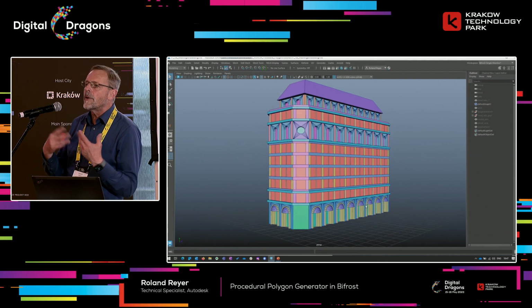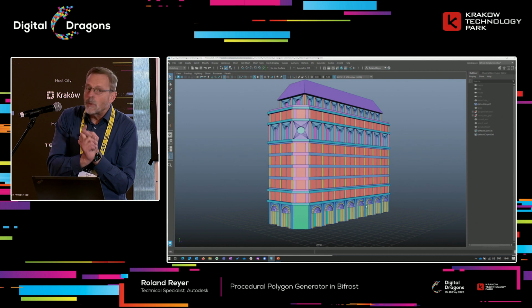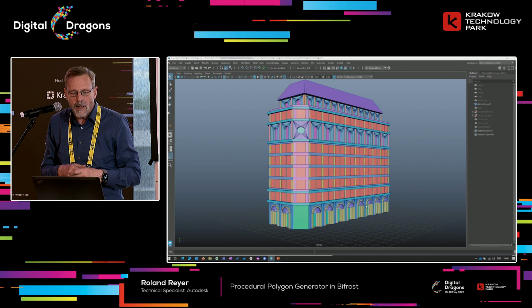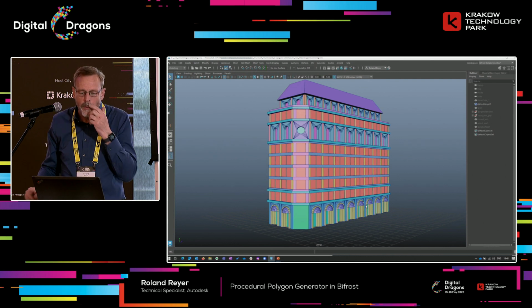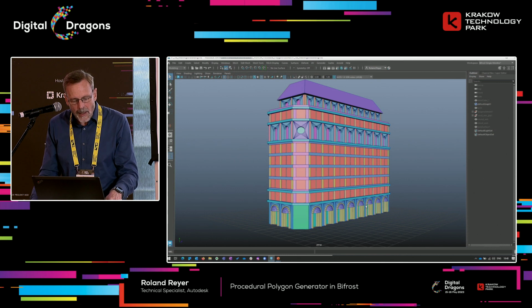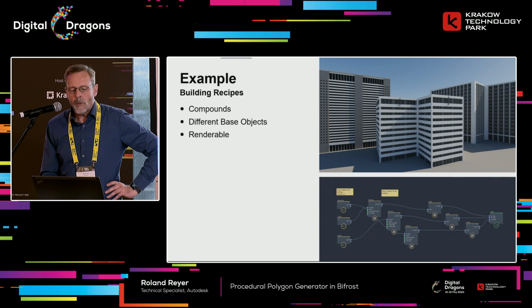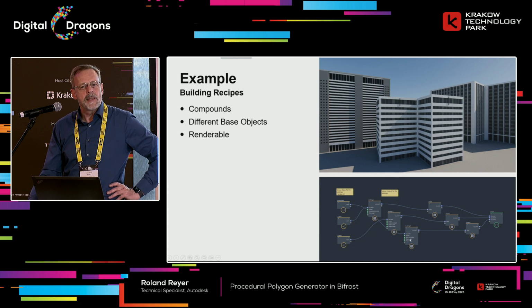So I'm looking further into procedural selection. How do I select polygons? How can I choose things by other criteria? More functions here, more things that I can do. So what I'm doing here, let me jump back to my presentation. What I'm doing here is to make packages like this one here with different kinds of recipes for the building.